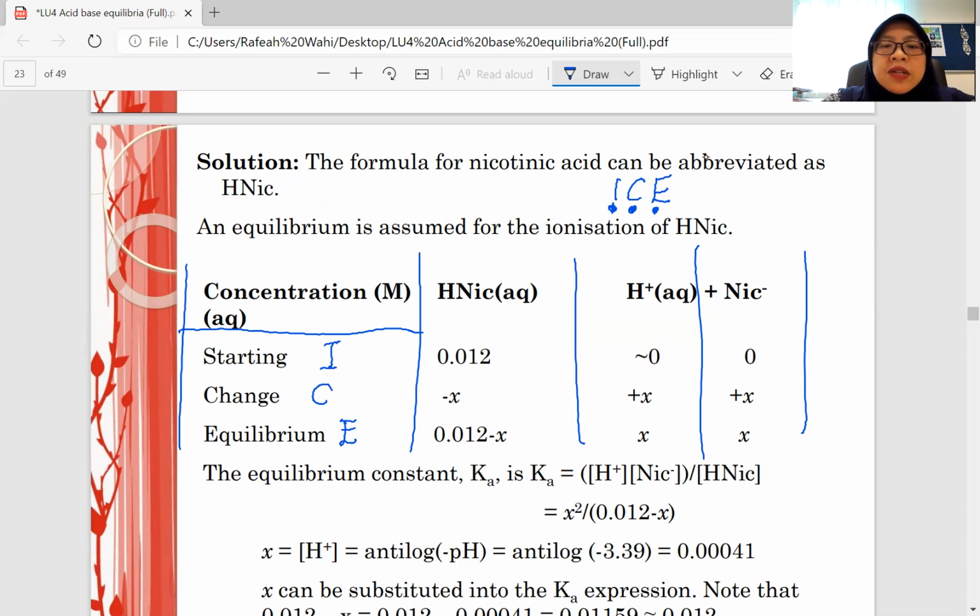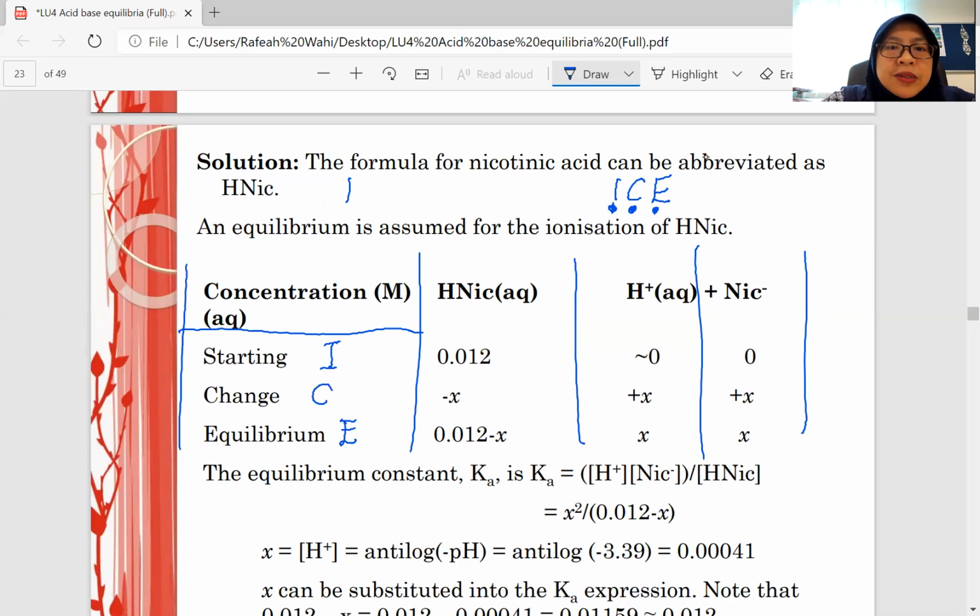So the second column, third column, and the fourth column come from the acid dissociation reaction. In this case, the nicotinic acid can be abbreviated as HNIC.